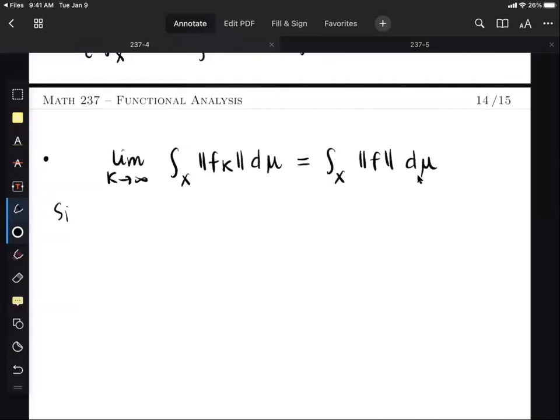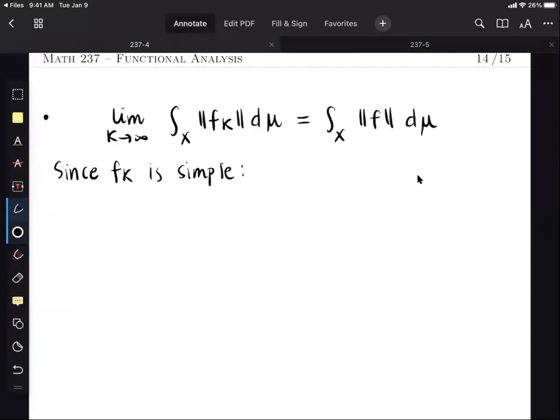Now, since f sub k is simple, one can apply the triangle inequality. So the norm of the integral of f sub k is less than or equal to the integral of the norm.